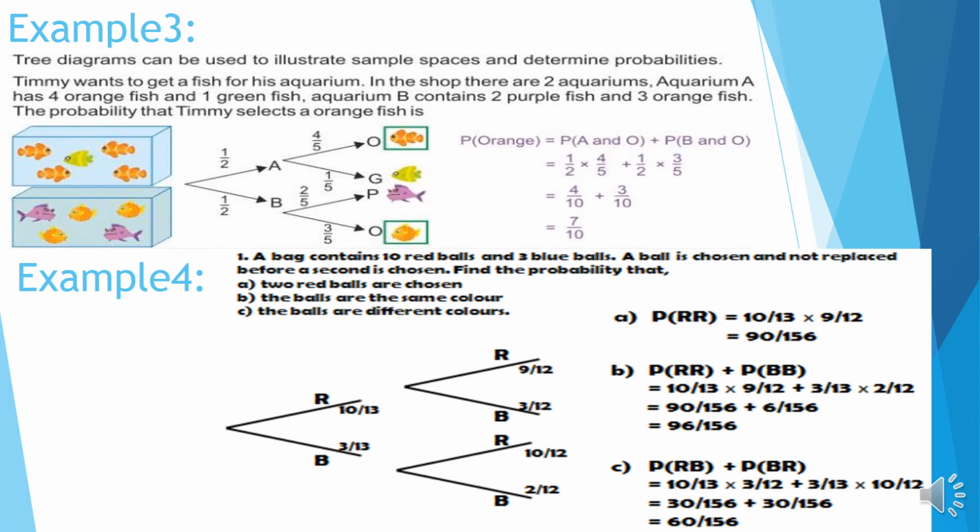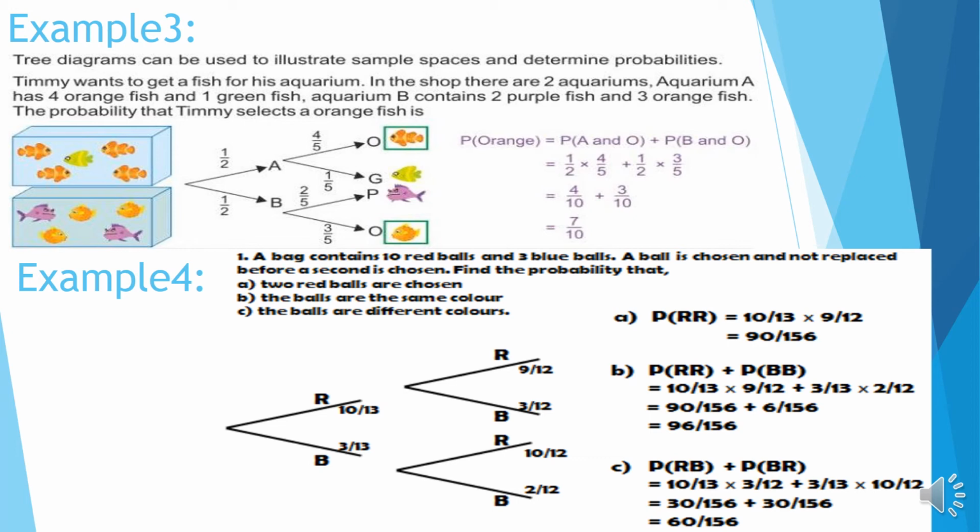First, you can make a tree diagram. We select one ball and make another selection without replacement. In the first selection, we select one ball. It may be red or blue.